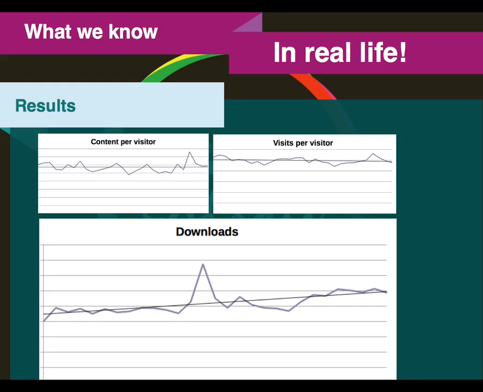So the users will not be coming back to the same publication, to the same document, but what increased was the number of downloads. So it did make a more appealing product on the digital market.